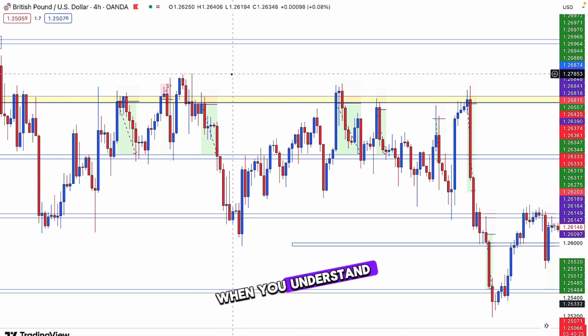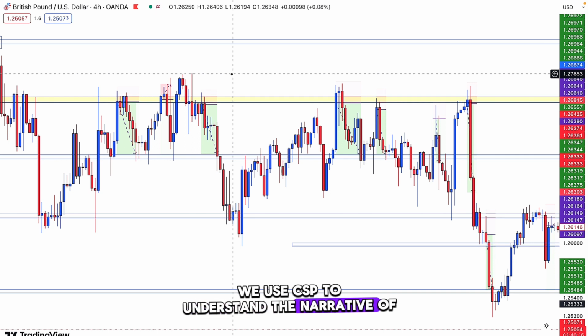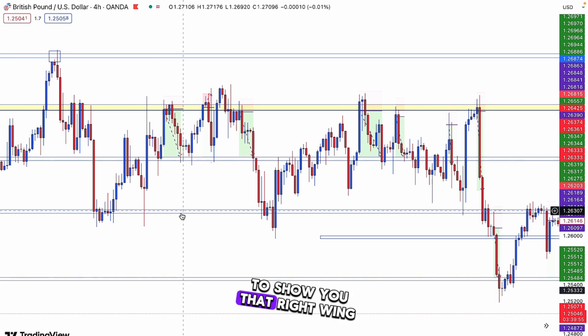Trust me, when you understand this, your life is going to change in trading. Why do we use CSP? We use CSP to understand the narrative of the market. Number 1, learn how to mark out key zones. Number 2, learn CSPs. And the last one is what? Be patient. Now, how can you infuse all of these 3 things in order to mark out a very good stop loss level? I'm going to show you that right away.